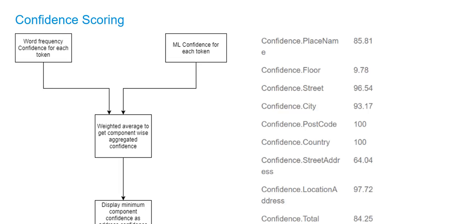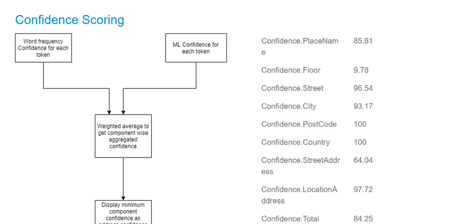That gives us the confidence score, and we aggregate both of these confidences through different weights to get an aggregated confidence. Once we have that, we calculate the confidence for different classes by taking the minimum.